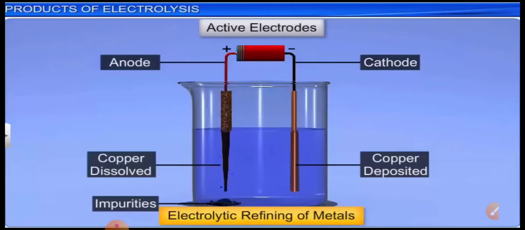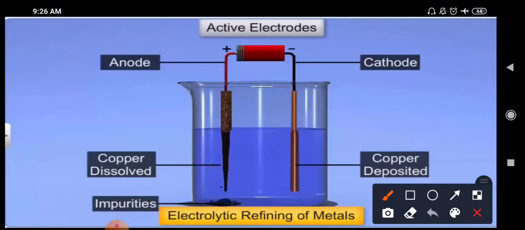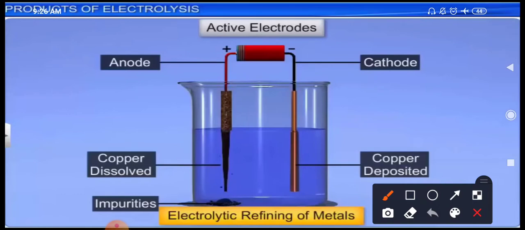When electricity is passed, oxidation takes place at the anode, meaning copper present in the rod or in the ore will get oxidized and converted into Cu2+. From copper metal it will convert into a 2+ ion, and the electrons remain on the plate, or you may say they are attracted towards the battery's positive terminal.